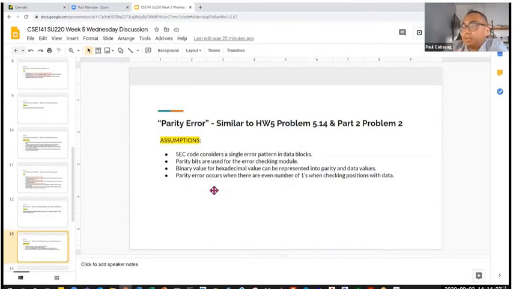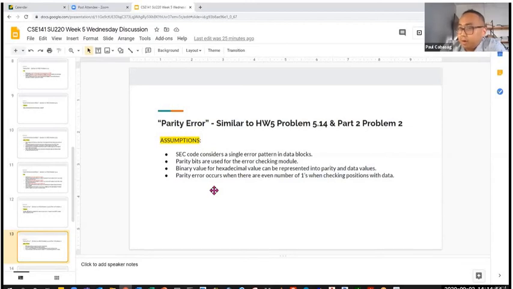So some assumptions I would probably make for these problems is that the parity bits are used. The SEC could consider a single error pattern, but then the parity bits are used for error checking. So I'll show that in a bit. So the binary value, you're going to convert the hexadecimal value.